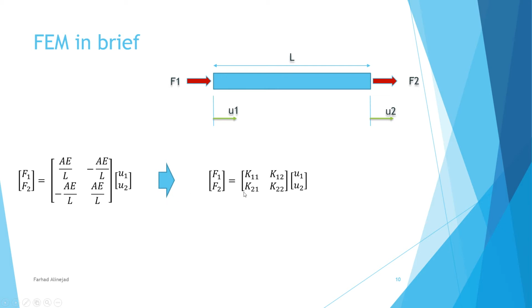If I rewrite my equation like this, I can understand that the force is connected with the displacement with a kind of matrix which describes the geometrical and material properties of my component.